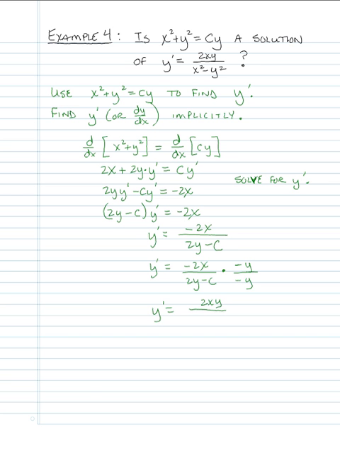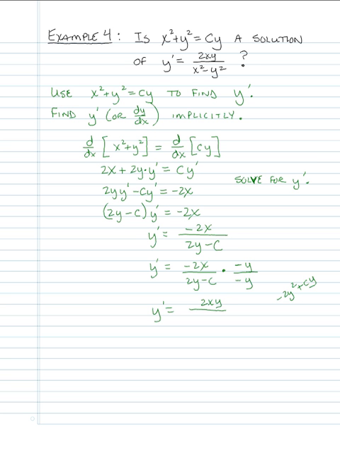Now, when I multiply the denominator by negative y, I'll have negative 2y squared plus cy. When I multiply 2y by negative y, I get negative 2y squared. When I multiply negative c by negative y, I get plus cy.